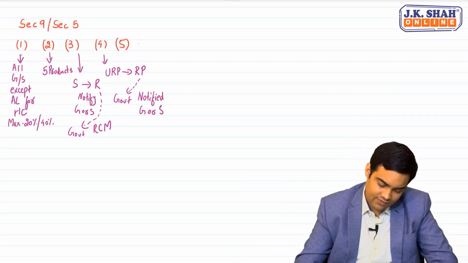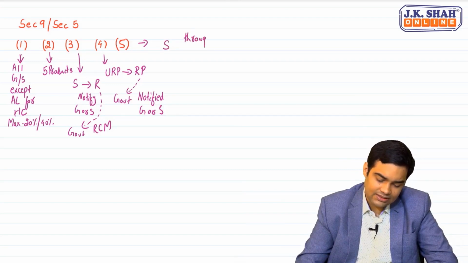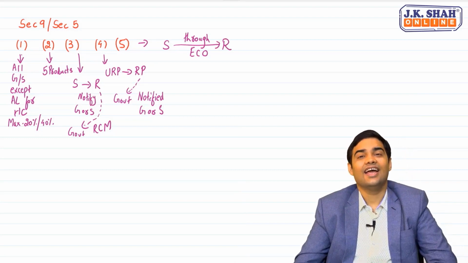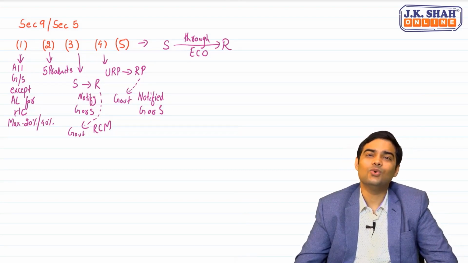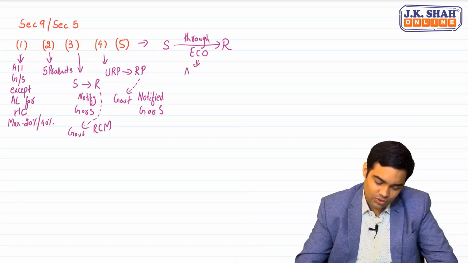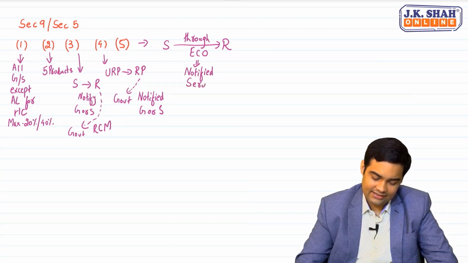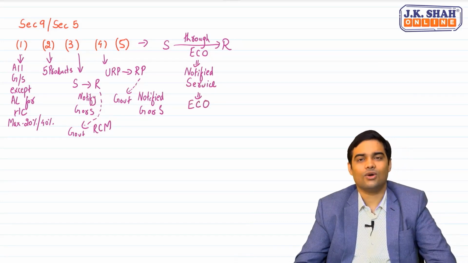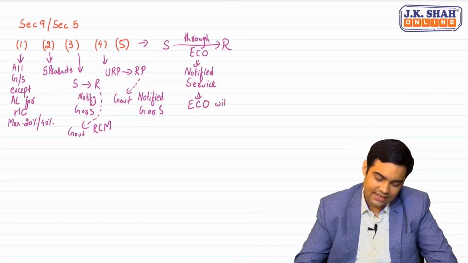And 9.5 is a provision where the law says that if there is a service supplied through eco, not by eco, be very careful. The service is supplied through an e-commerce operator and it is a notified service. In that case, eco, that is e-commerce operator, will pay GST as if he is the supplier.